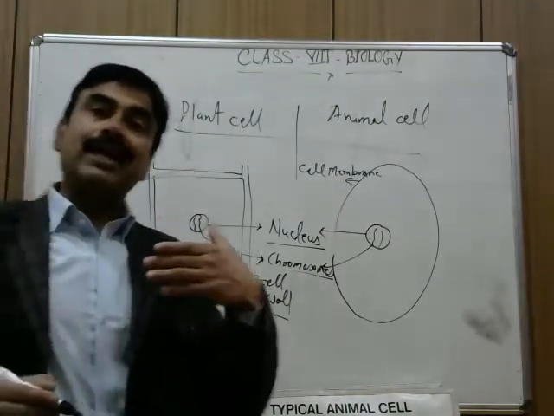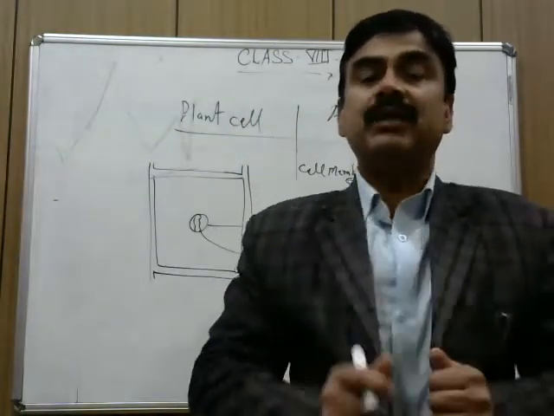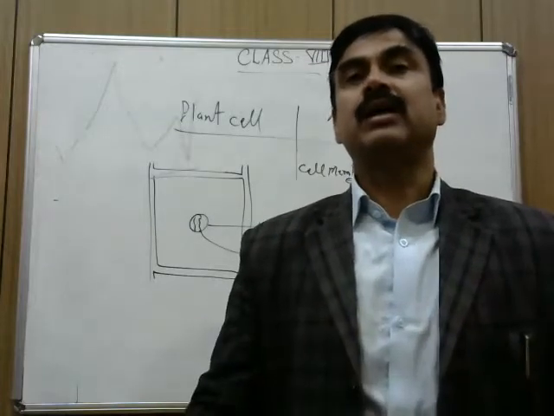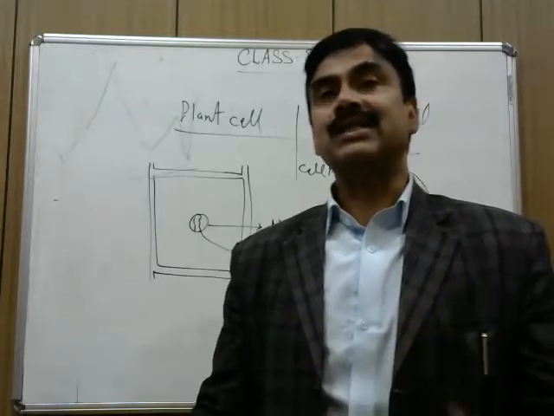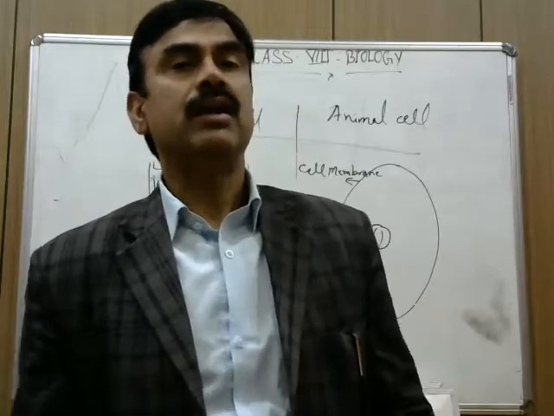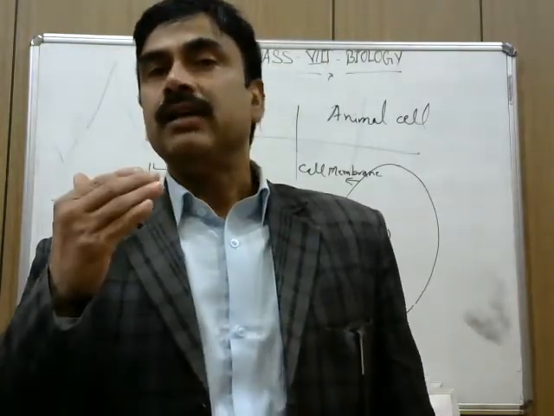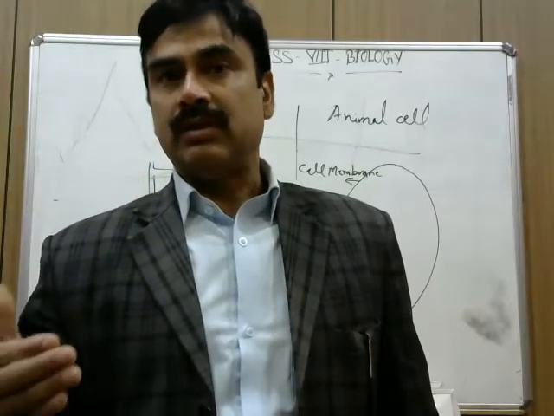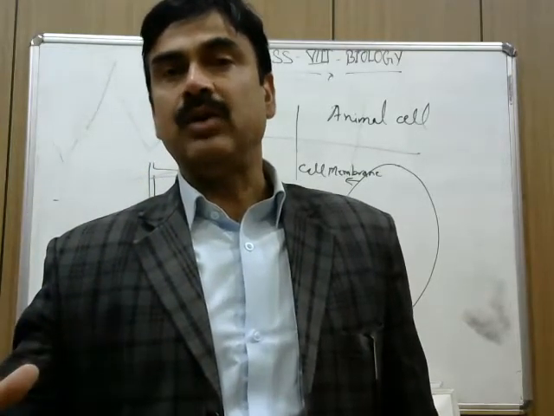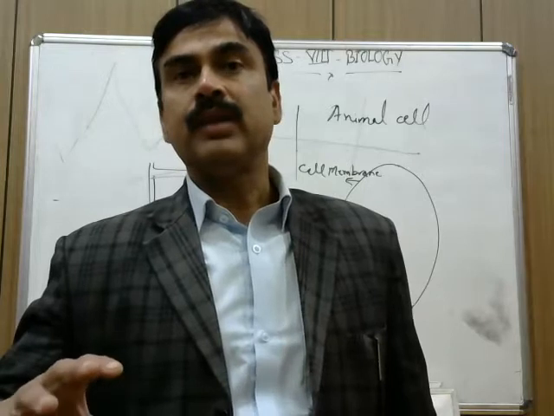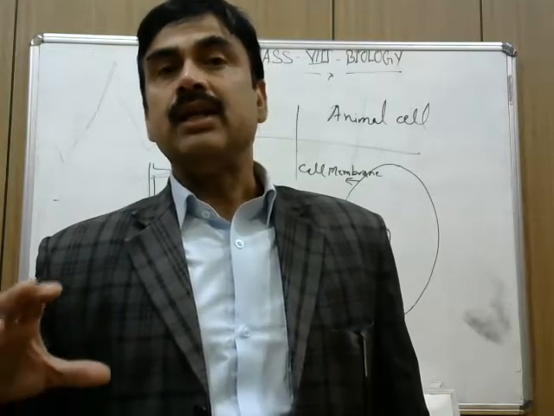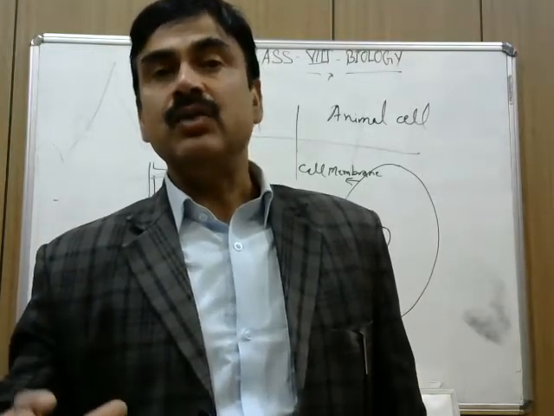There are 9 cell organelles which are common in both animal cell as well as plant cell, like ribosome, Golgi body, lysosome, endoplasmic reticulum, and nucleolus, nucleus.